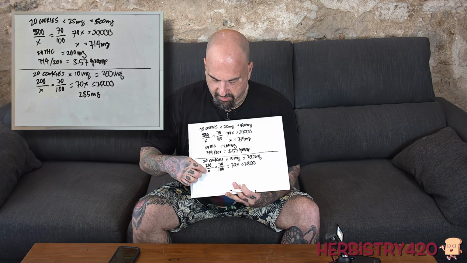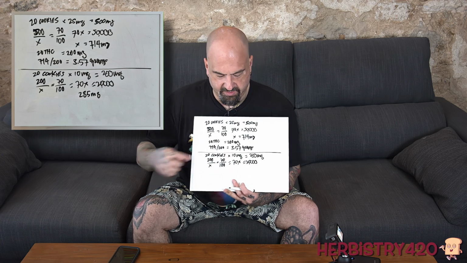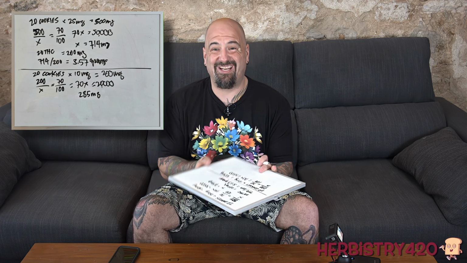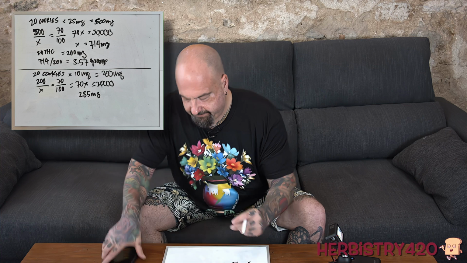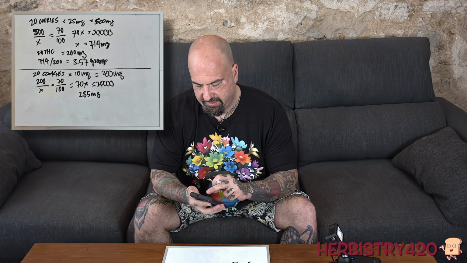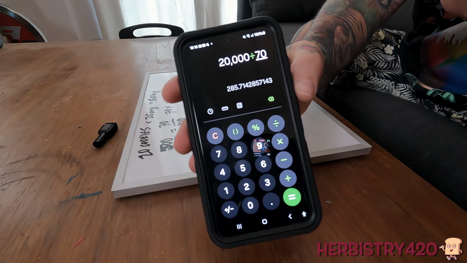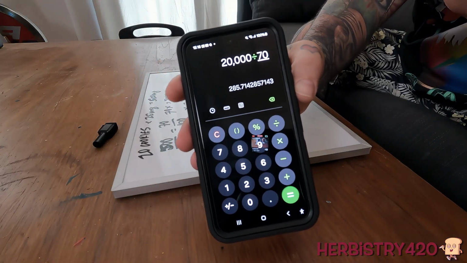Again, multiplying across, x times 70 gives us 70x, and 200 times 100 equals 20,000. Now we're going to divide 20,000 by 70. I used my calculator for this because I can't do this in my head. So 20,000 divided by 70 equals 285 milligrams, right, of total potency.